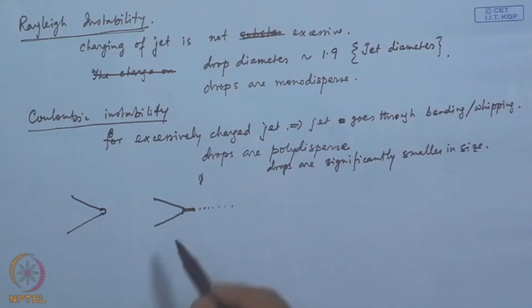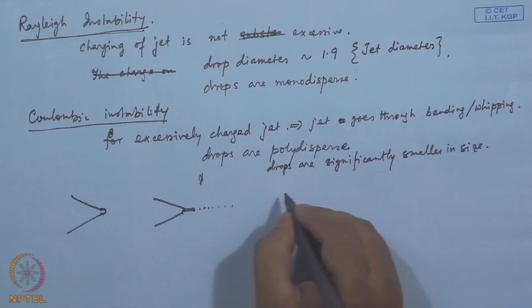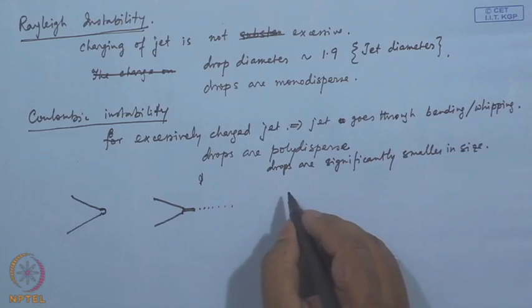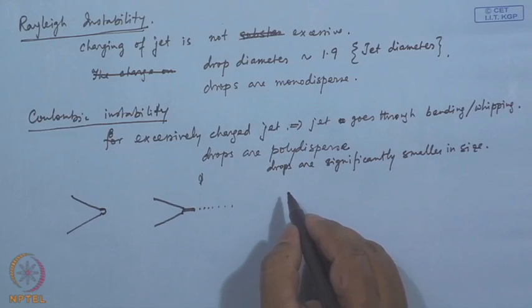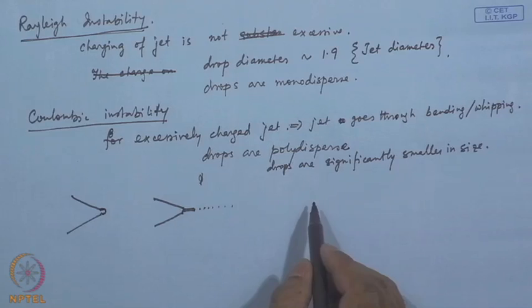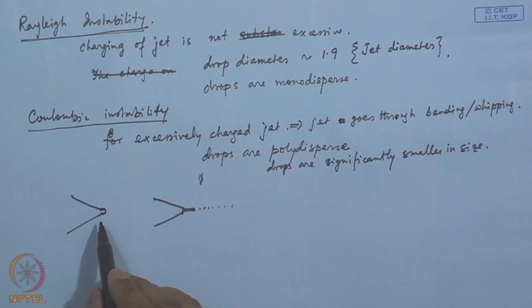In this connection, you must understand one thing. If this is the capillary, and we are talking about this spray mode, this pulsating mode, you are forming a cone here.